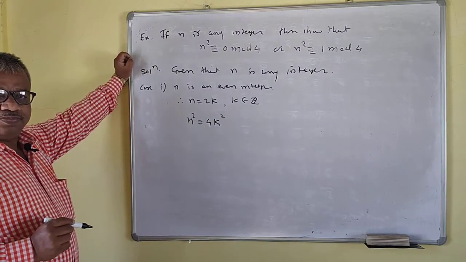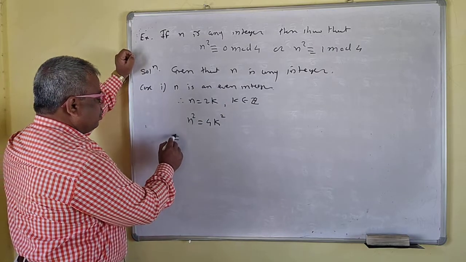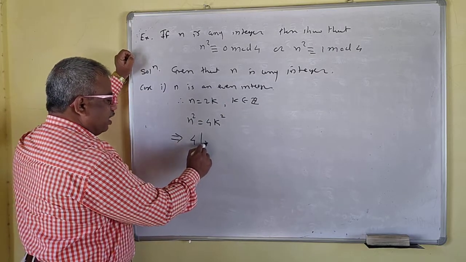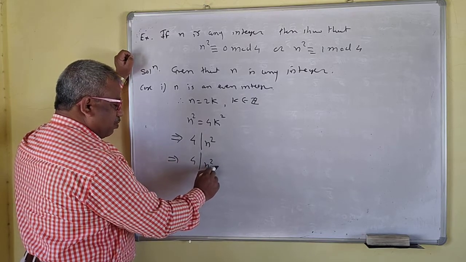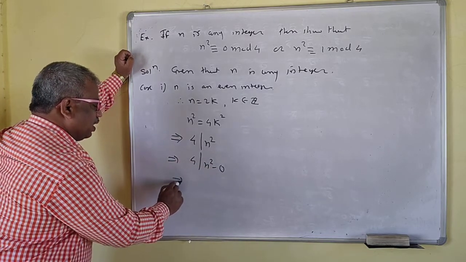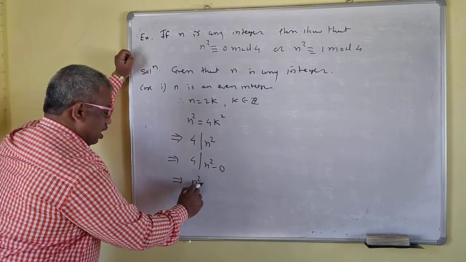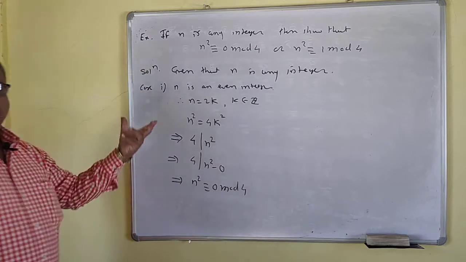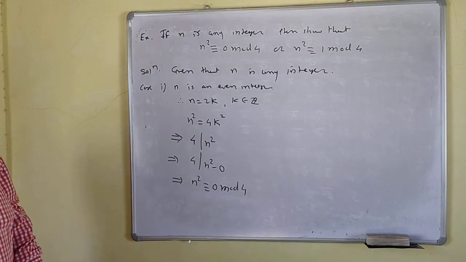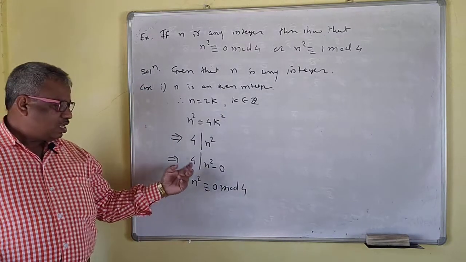What does this imply? This implies that 4 divides n square, which implies that 4 divides n square minus 0. And this implies that n square is congruent to 0 mod 4.